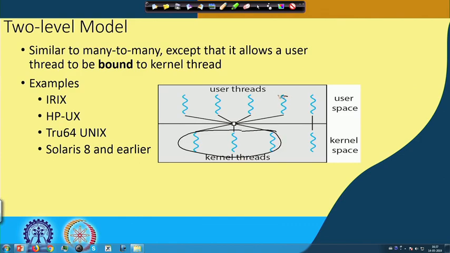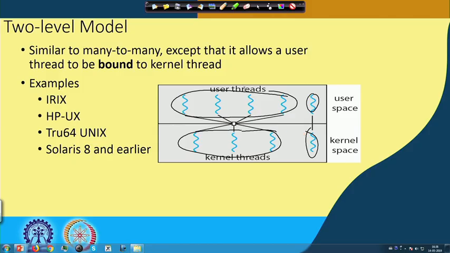This set of user threads is bound to this kernel thread, similarly this set is bound to another thread, and so it goes on. Typical examples of this type of system are IRIX, HPUX, True64 Unix and Solaris 8 and earlier systems. They use this two level model.